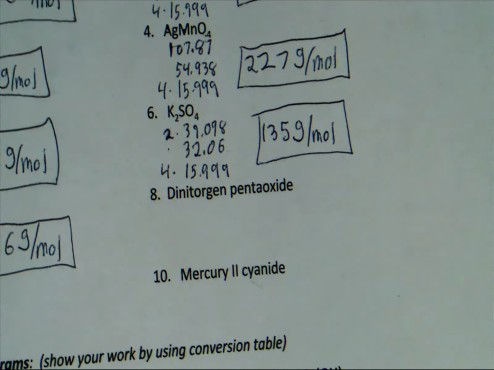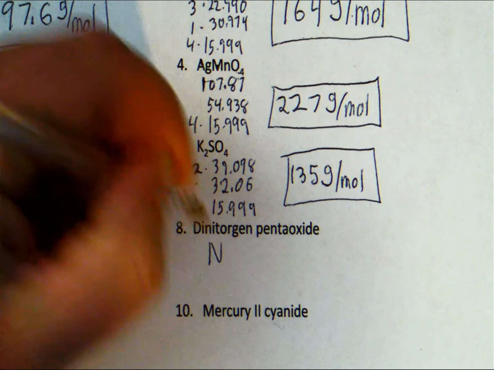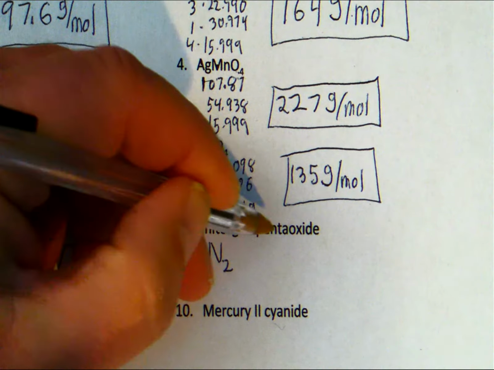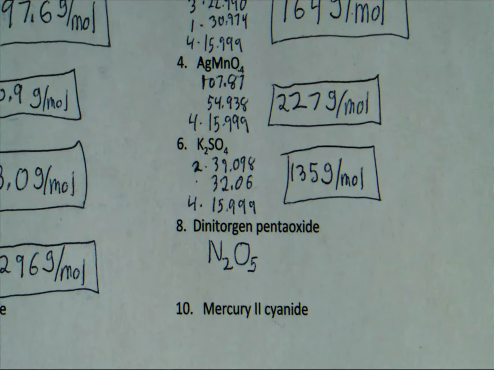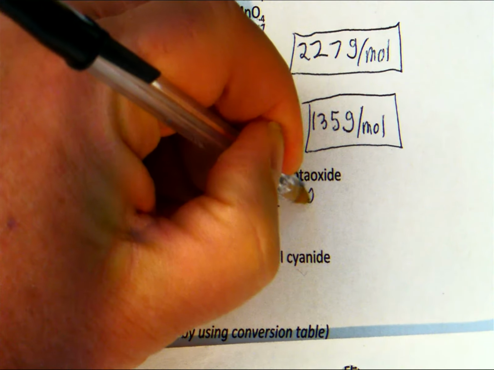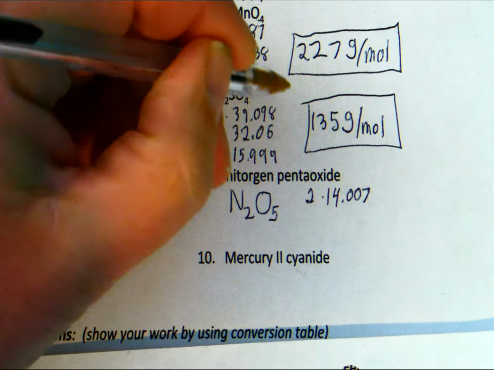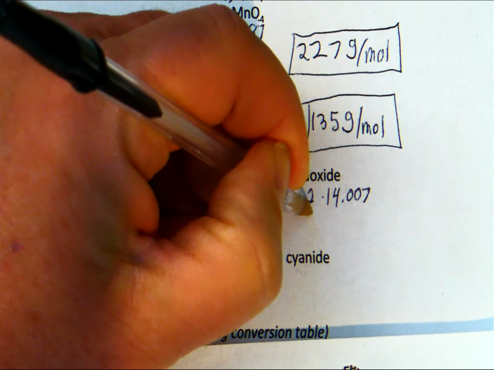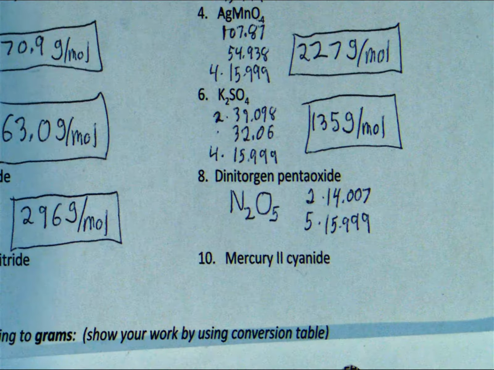Dinitrogen pentoxide, or pentaoxide. So nitrogen is N, di means 2, oxide is oxygen, penta means 5. So dinitrogen pentaoxide means I have 2 times 14.007 for the nitrogen, and 5 times, you guessed it, 15.999 for the oxygen.